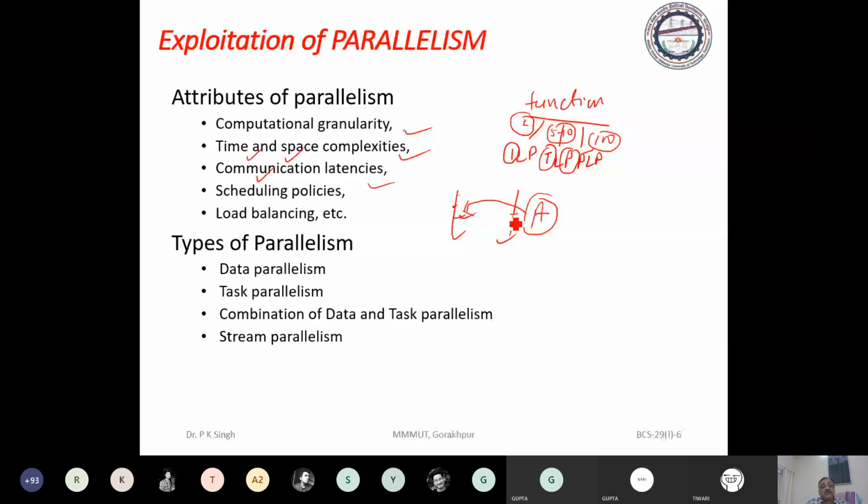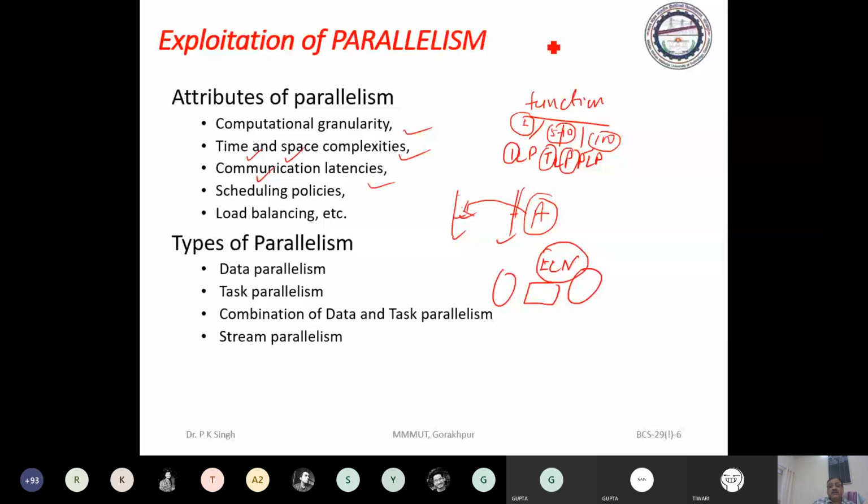The wait time is nothing but communication latency. Or, if it is available, between these two processing elements you have the interconnection network, and you may have latency due to the interconnection network.